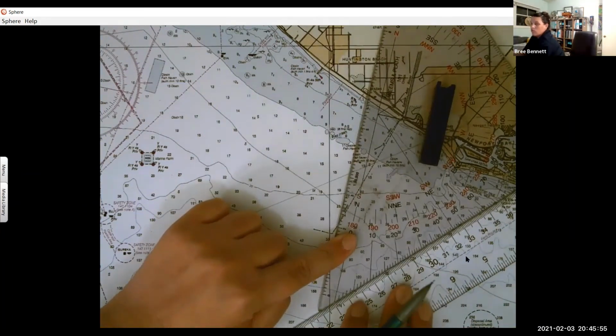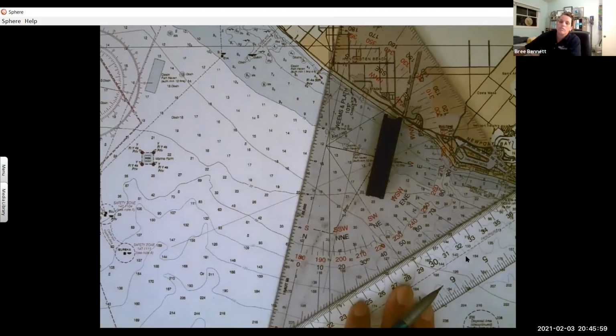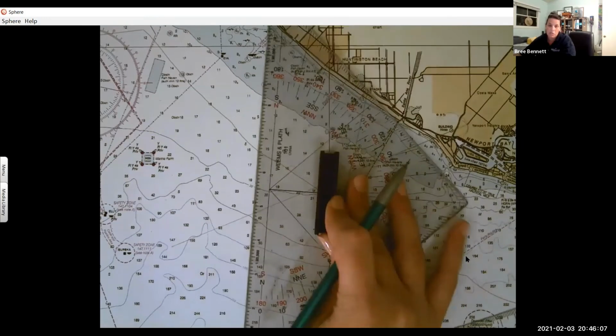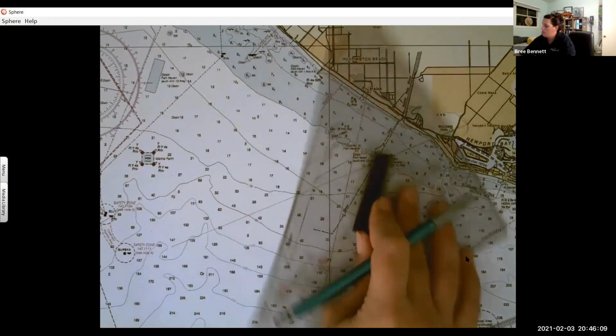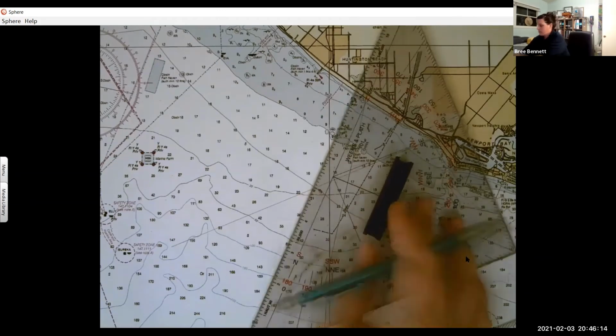So again, you move your triangle when you're close to a vertical. It's a lot harder to cross a vertical line when you're measuring a vertical line. So when it's close to vertical, that's when you tend to have to move it.